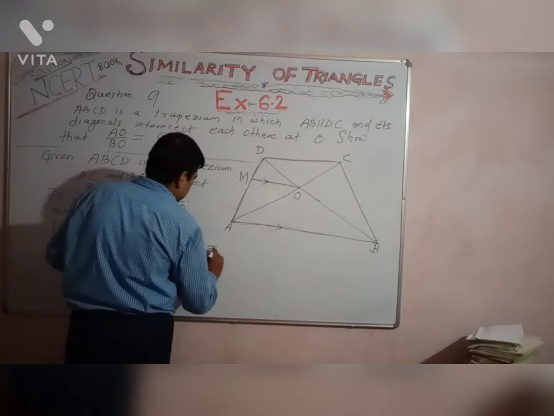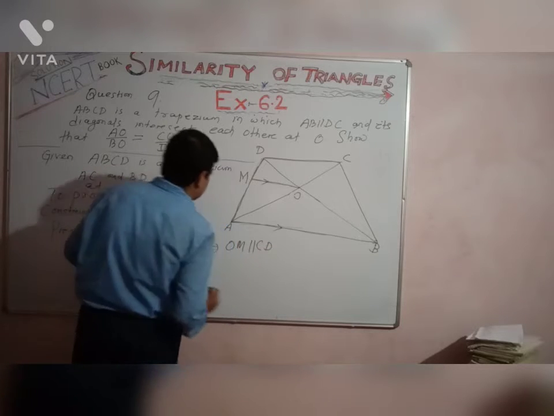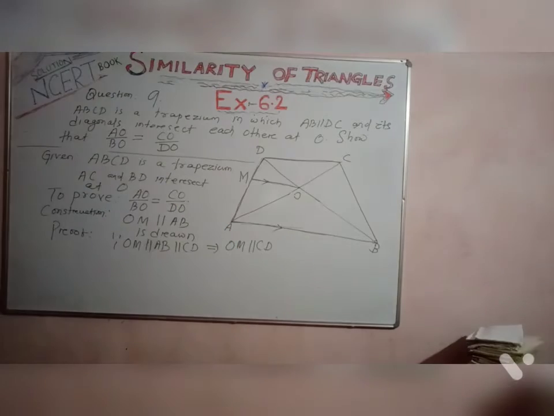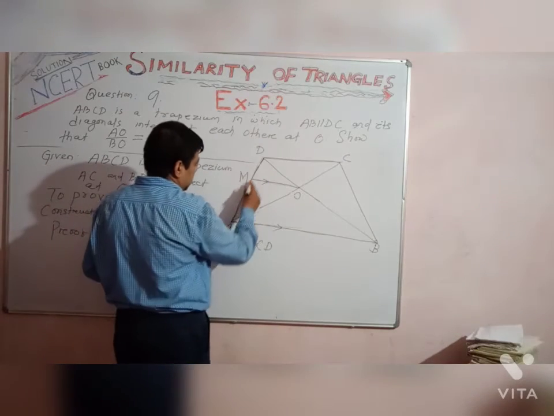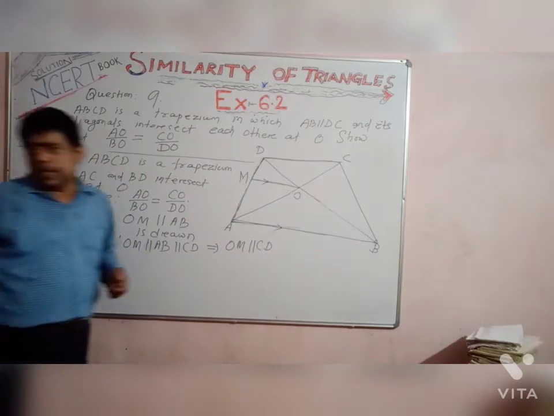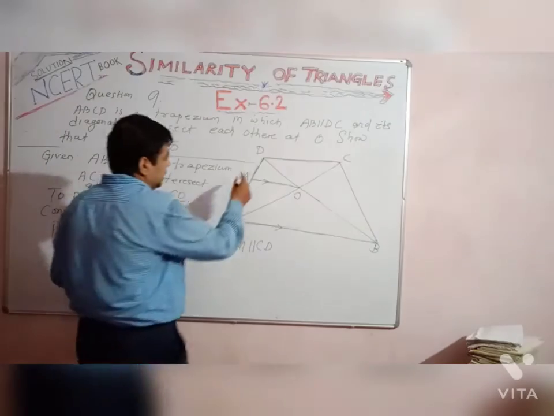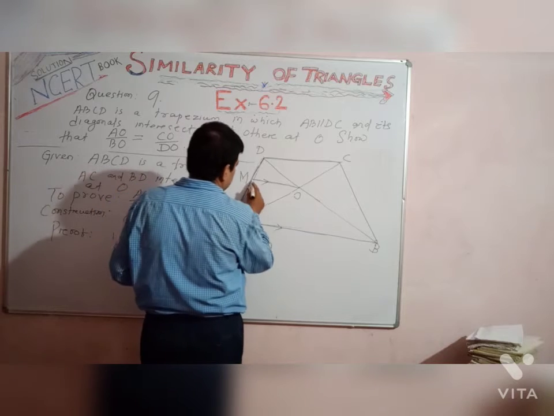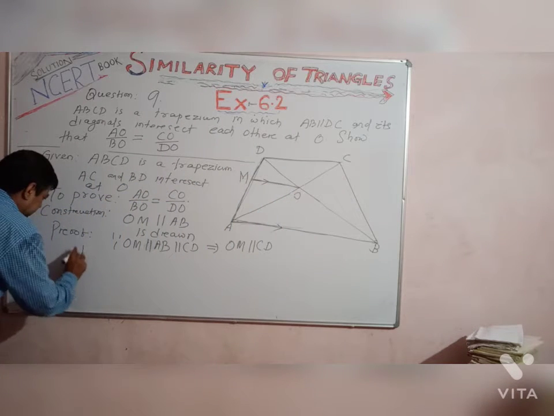So that implies OM is also parallel to CD. Can you say that? OM is also parallel to CD. Right? Now in the triangle DAB, OM is parallel to AB.